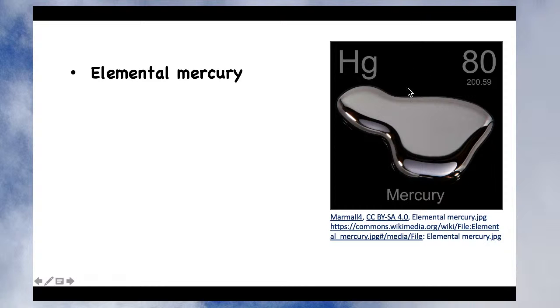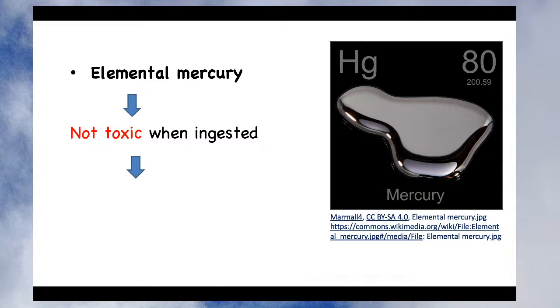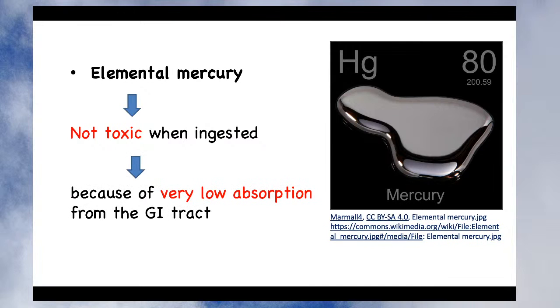Okay, so when elemental mercury is present in the liquid form, and suppose it is ingested, so suppose someone has ingested food which is contaminated with mercury in the liquid form, then this mercury is mostly non-toxic in nature. Why is it non-toxic? Because elemental mercury in the liquid form has very low absorption from your GI tract.